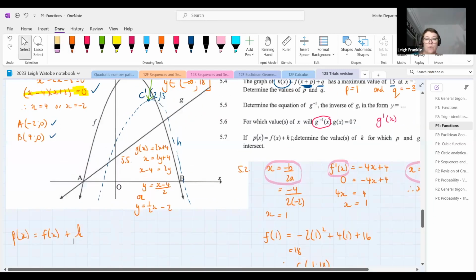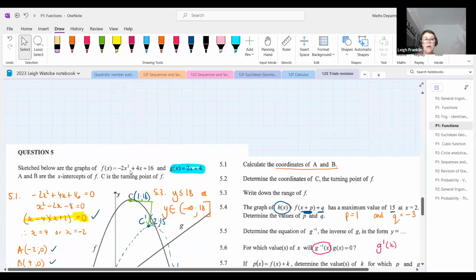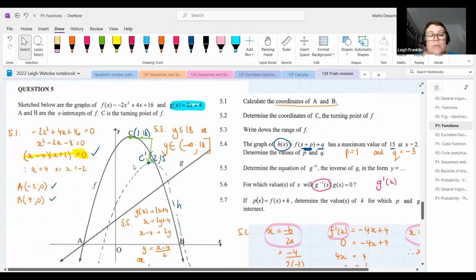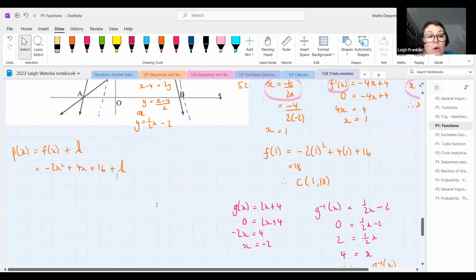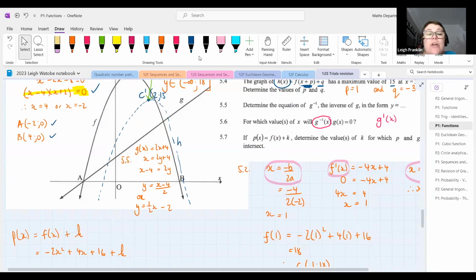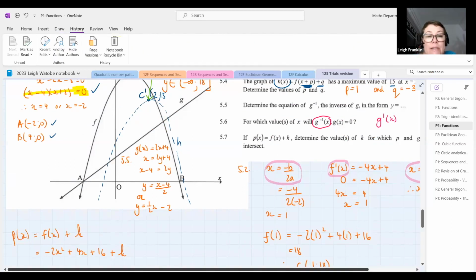If you recall, f of x is minus 2x squared plus 4x plus 16. So this is minus 2x squared plus 4x plus 16 plus k. For which values of k will p of x and g of x not intersect?